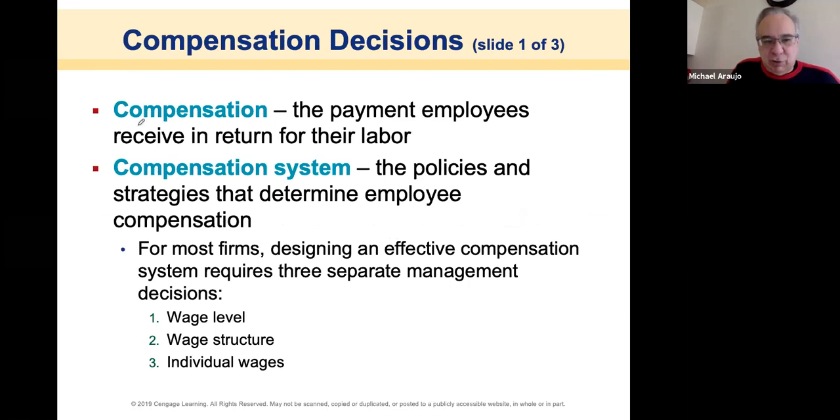Compensation is a big issue for a lot of people. Unfortunately, they look at one aspect of it. A lot of people just look at the actual dollar amount that they're getting paid, and that's just one part of compensation. What is very important is also all the benefits that go along with it.